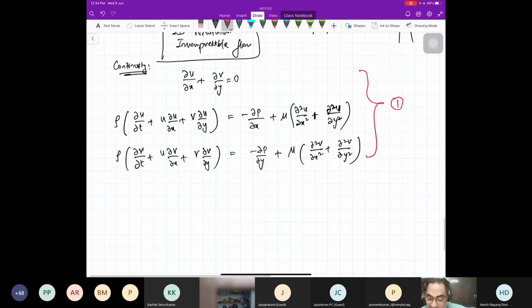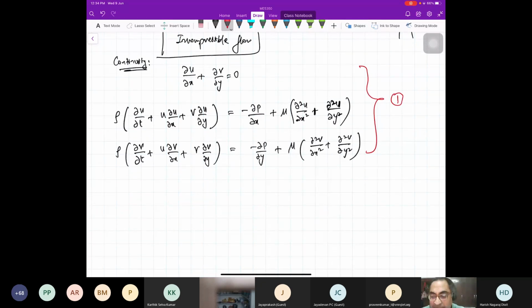What are these equations? What is the nature of these equations? These are non-linear partial differential equations for 3 variables: u, v, and p, in 2D, right? You don't have a separate equation for pressure, but you have an extra equation. So this is what I'm going to do over the next 1 hour.